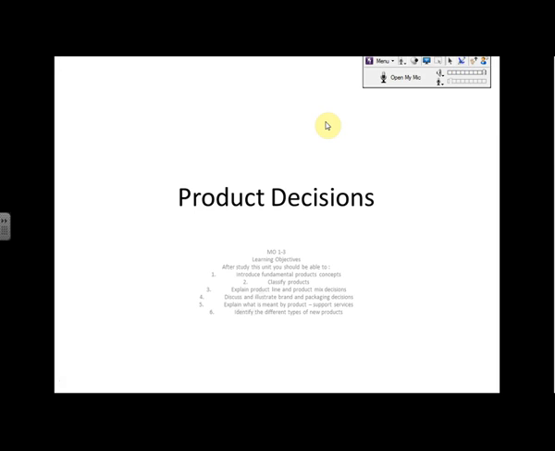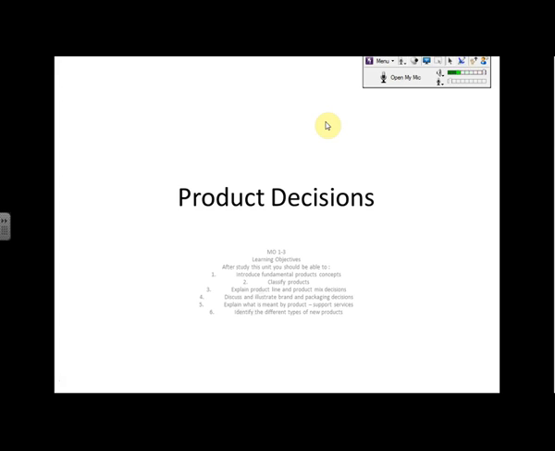The first objective that we have to be able to cover by the end of this session is to introduce the fundamental product concepts. Secondly, we should be able to classify products, and have a clear understanding of what level a product is. Thirdly, we should be able to explain product line and product mix decisions.